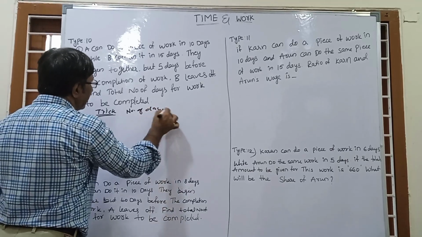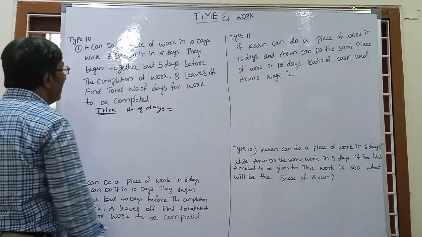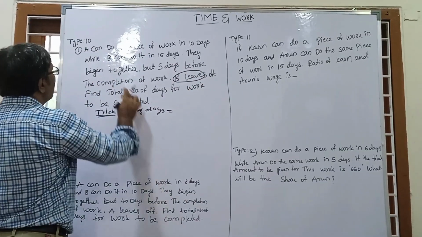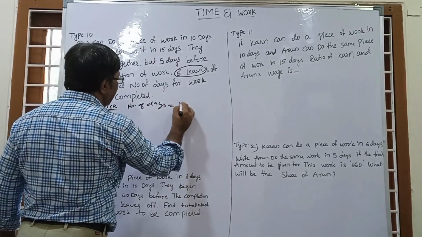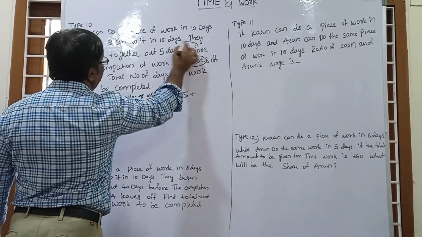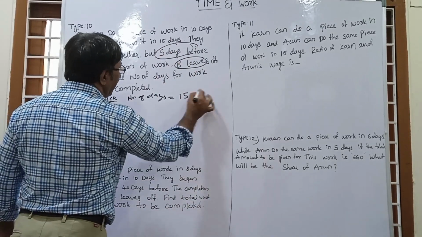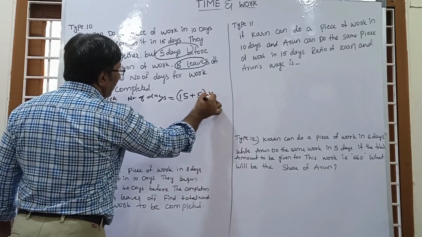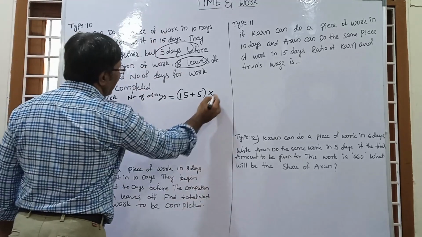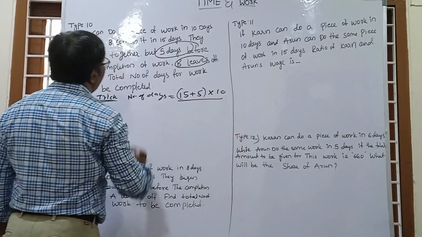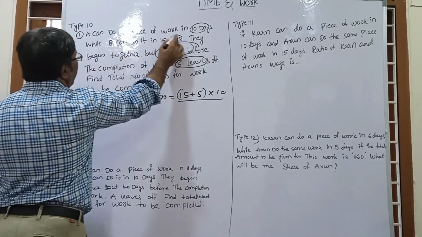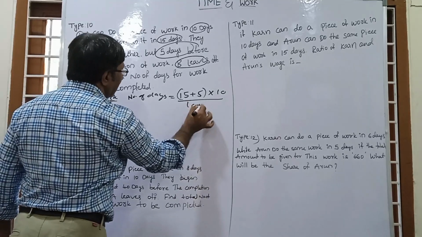Required number of days equals what? B leaves, and B does the work in 15 days, so take 15 plus 5, since he leaves 5 days before completion. Then for the other person, A, who does the work in 10 days, this is 10, and we add both days: 10 plus 15.